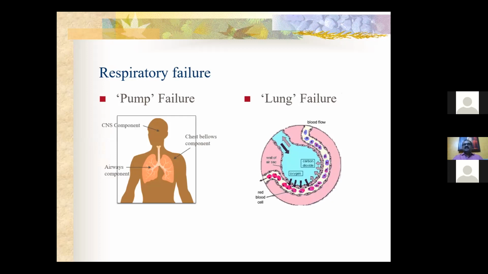Basically, the patient is drowsy because of head injury or many other things, so drowsiness can be one of the causes of respiratory failure. Another can be muscle fatigue, neuromuscular weakness, poisoning, or maybe a snake bite. Many causes for that. Then there can be an airway component like bronchial asthma or COPD.